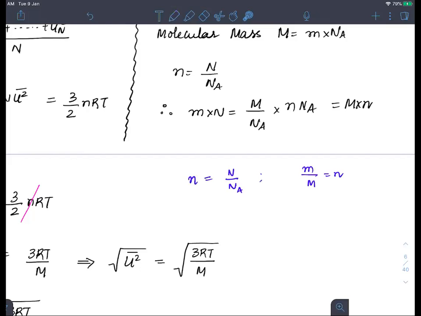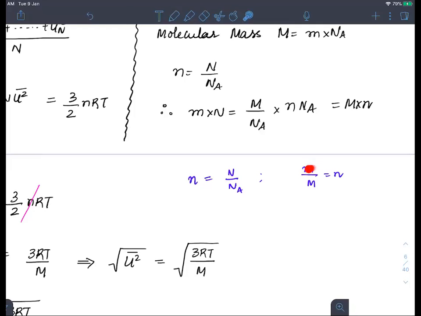So now you can see that I can write it as m by M, where M is the molar mass. We know that molar mass is represented for 1 mole of it. So if you have mass m of a particle, then this is for one single particle, got it?